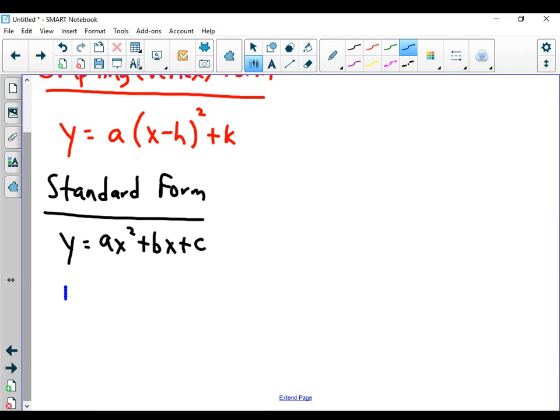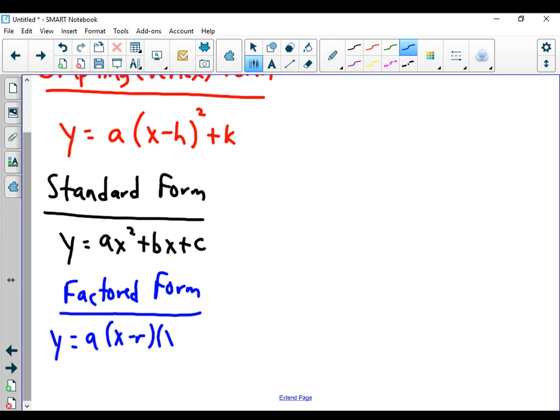I can also write it in factor form. Or y equals, usually you'll see r's and s's, it doesn't really matter what variable's there, but a times x minus r times x minus s.